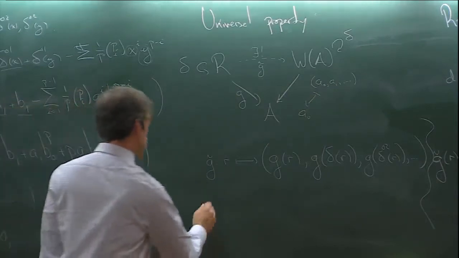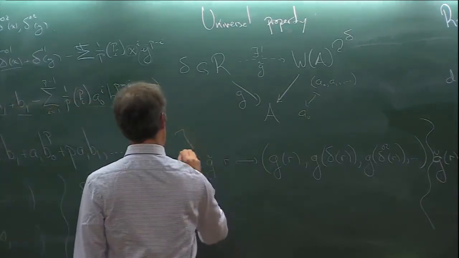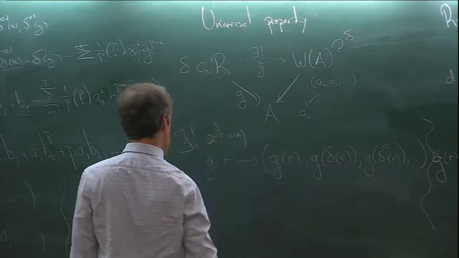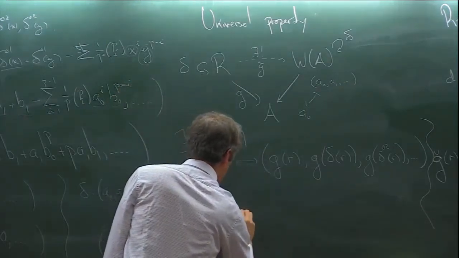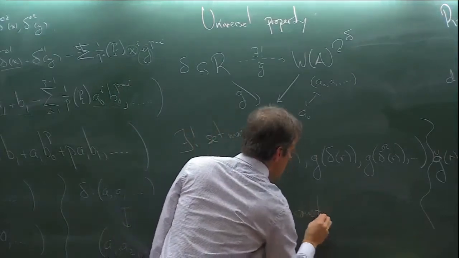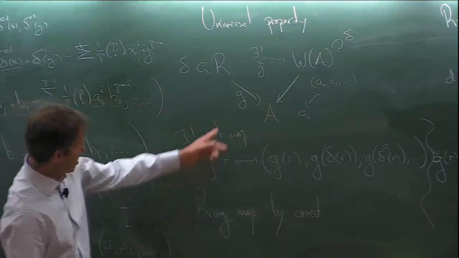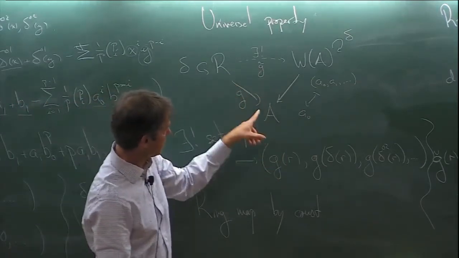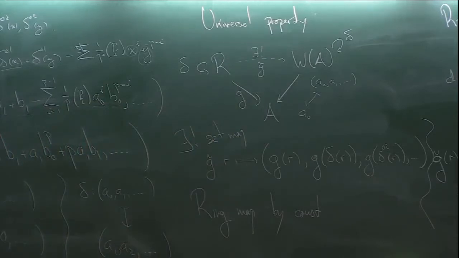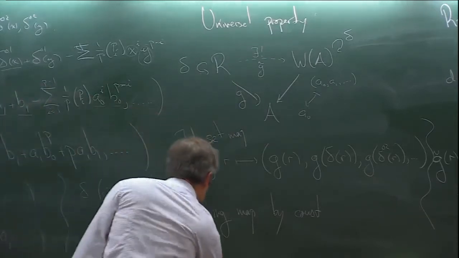And we know this is a ring map by construction. So in fact, G tilde is the unique ring map lifting G. Therefore, W is obviously functorial in A, so therefore W is the right adjoint.